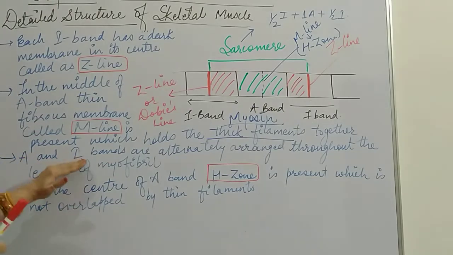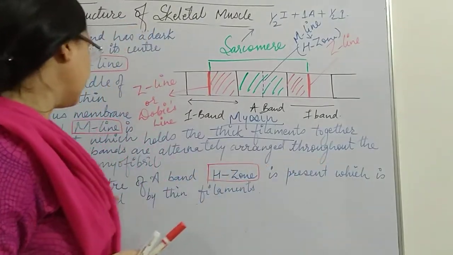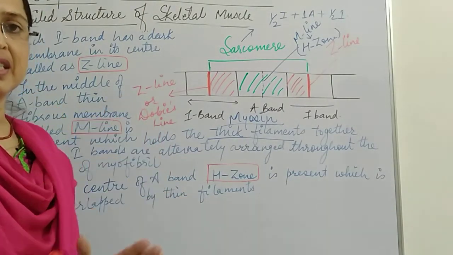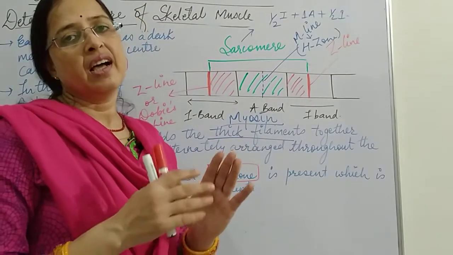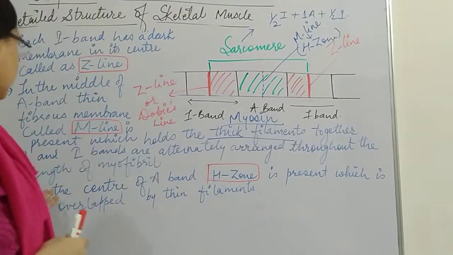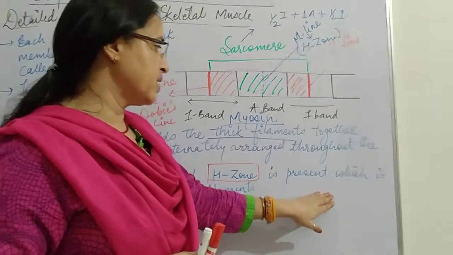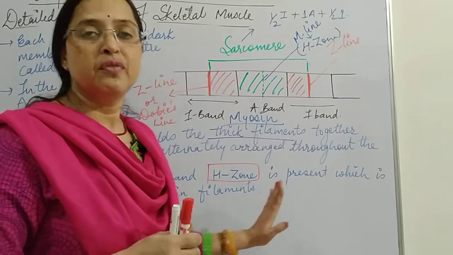A and I bands are alternately arranged throughout the length of the myofibril. As we already studied, skeletal muscles consist of alternately arranged dark bands and light bands. Then at the center of the A band, the H zone is present, which is not overlapped by thin filaments.